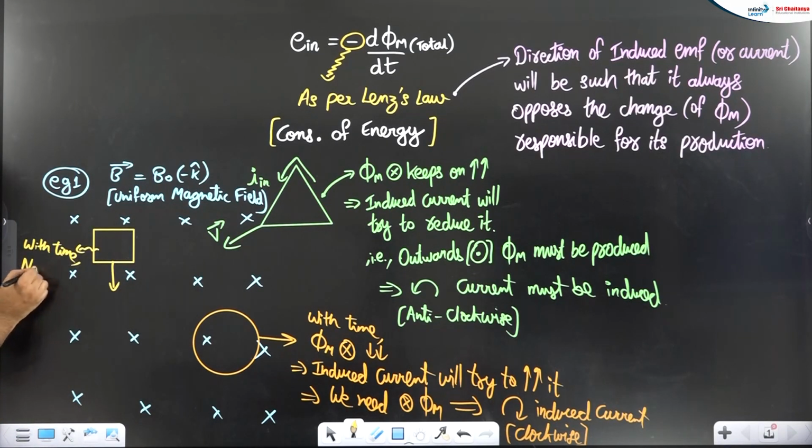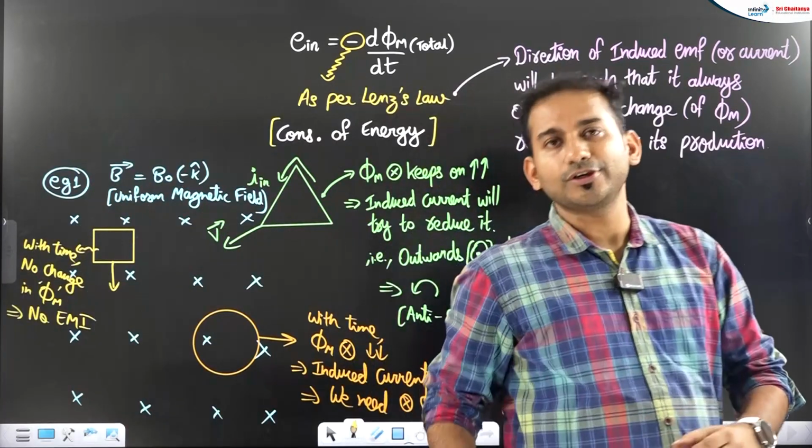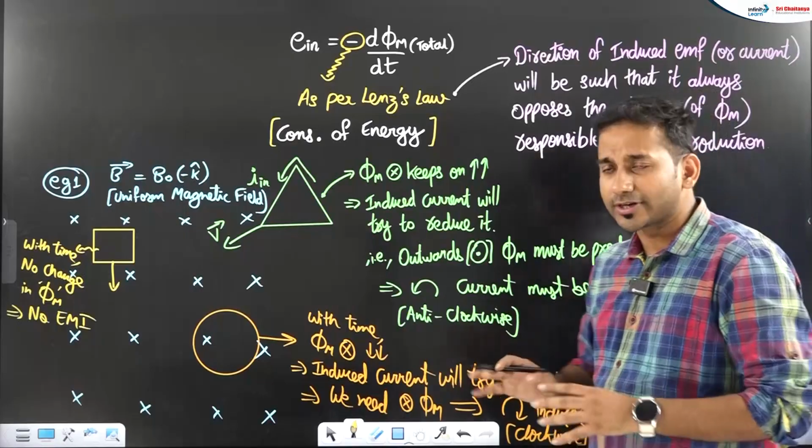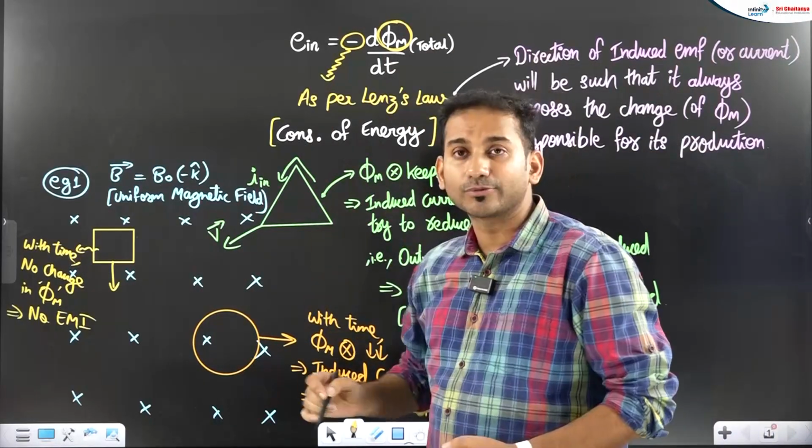There is no change in magnetic flux, and if there is no change in magnetic flux, this implies no EMI, no electromagnetic induction. No electromagnetic induction will happen, no EMF induced and no current induced. This phi m value here has become constant.